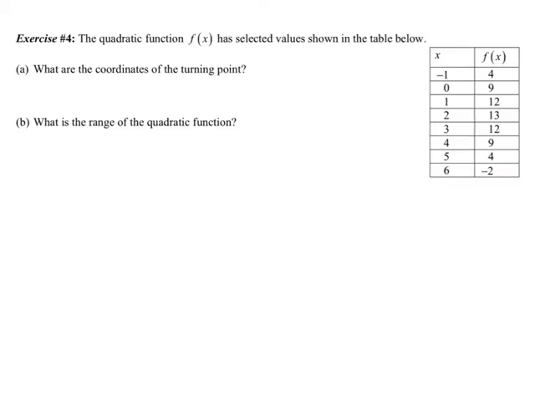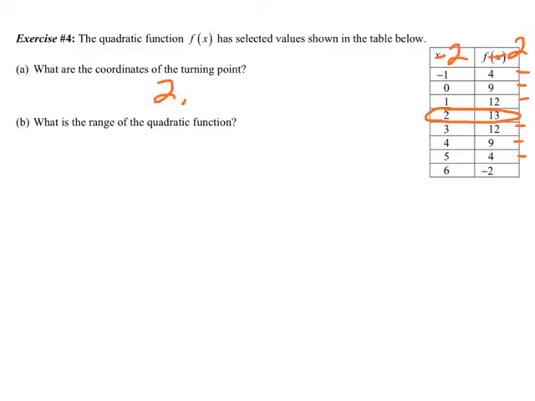Exercise 4, the quadratic function f of x has selected values shown below in this table. What are the coordinates of the turning point? Well, let's look real quick. That's my turning point. Notice my pattern: 12, 12, 9, 9, 4, 4. And you should know that negative 2 up here is going to be negative 2 for this value because of the pattern. That's easy to figure out.